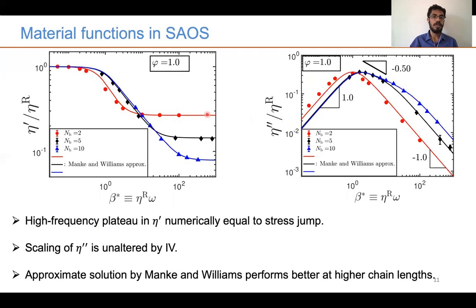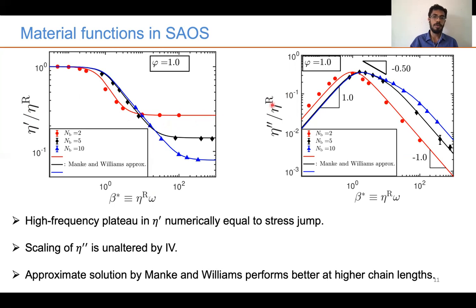It's been shown theoretically by Gerhardt and Mackey that the value of this plateau is numerically equal to the stress jump. Since the stress jump scales linearly as the chain length and the Rouse viscosity with which we normalize this quantity scales as the square of the chain length, eta prime over eta R, when plotted in this way, the height of the plateau diminishes with the increase in chain length.